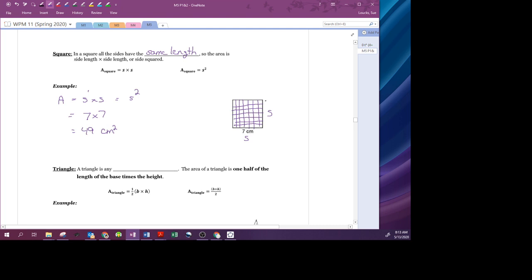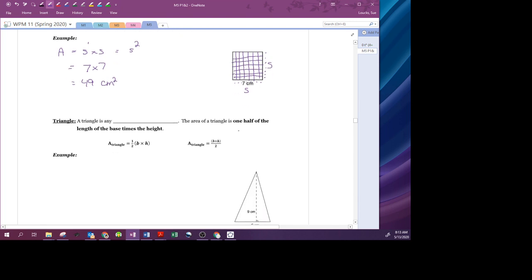So here's 1, 2, 3, 4, 5, 6, 7 centimeters along there, and 1, 2, 3, 4, 5, 6, 7 centimeters along there. So if each of my so-called squares is 1 centimeter by 1 centimeter, it's 1 square centimeter, right? And there's 49 of them. Okay, that's how area works.